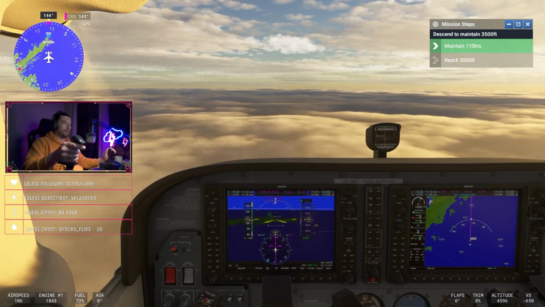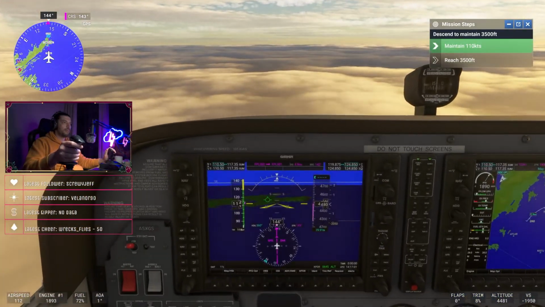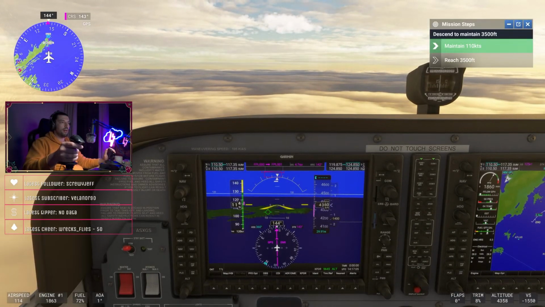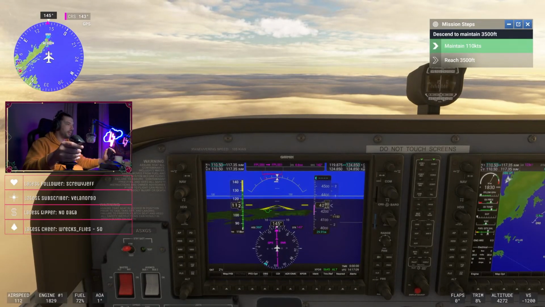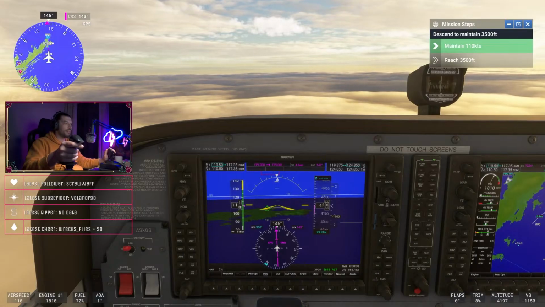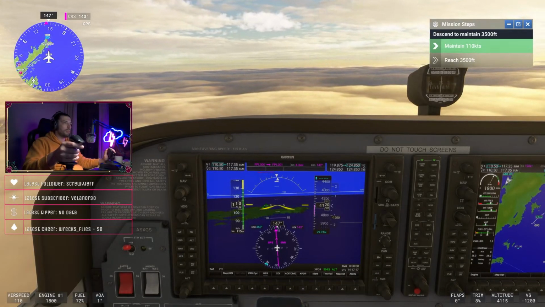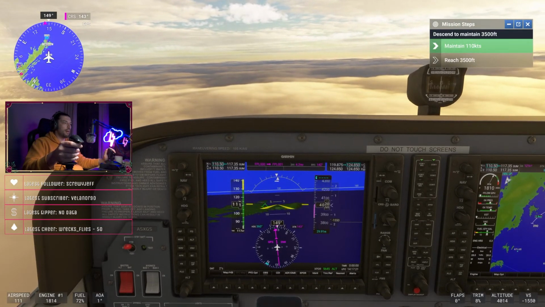Right, I'm trying to get used to watching the controls, obviously. So yeah, it's not always easy, as you probably know yourself, since you're all aviators here. So let's drop to 3,500 feet. Alright, 110 knots is good.